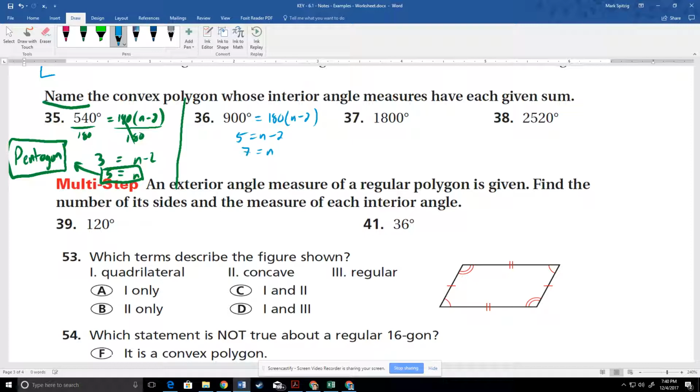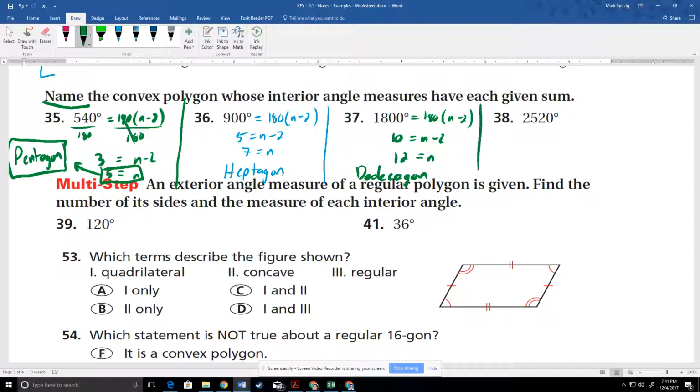So a 7-sided polygon is a heptagon. All right. So in this case, we get 1800 equals 180 times n minus 2. So when I divide it out, we get 10 equals n minus 2. So n equals, when I add 2 to both sides, we get 12, which we know is a dodecagon.